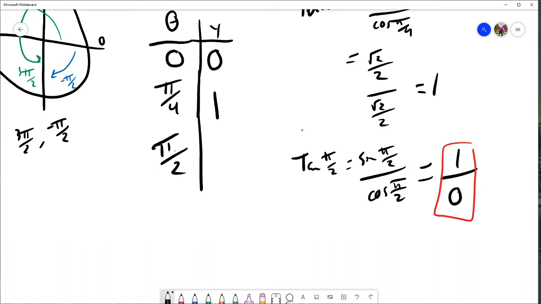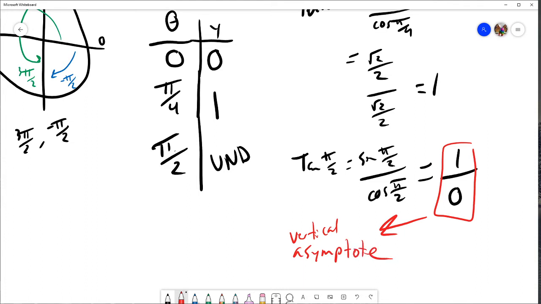So first we're going to put u and d here for undefined. The second thing we need to note is this tells us there is a vertical asymptote. Alright. So now that causes a problem.